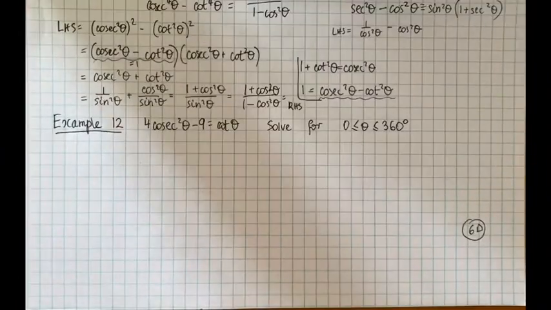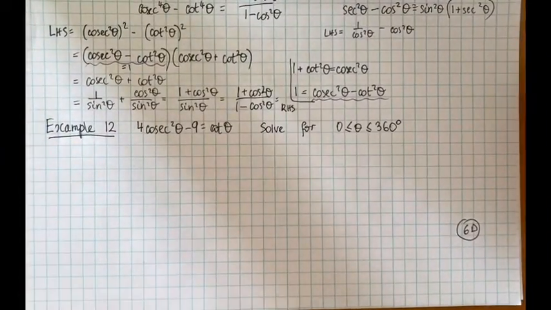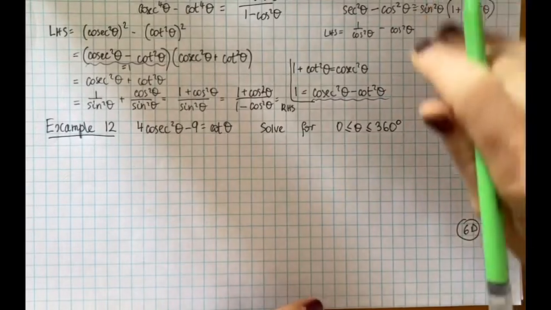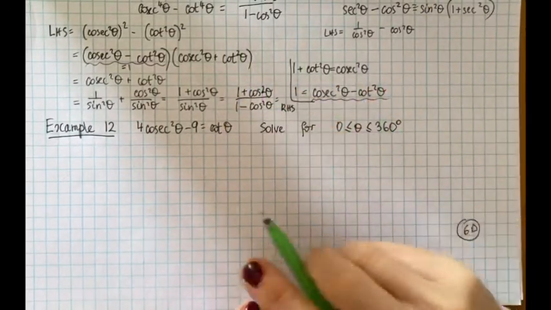Okay, so last example before exercise 6C. We're going to do a little proof, and then we're going to use this proof. Oh no, there's 2 examples, apologies. No, I'm mistaken here. We've already done that one. So it's example 12.